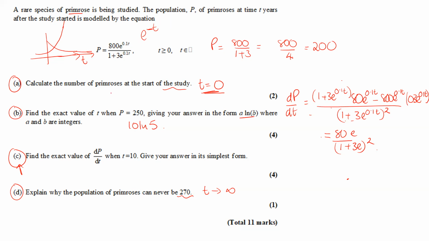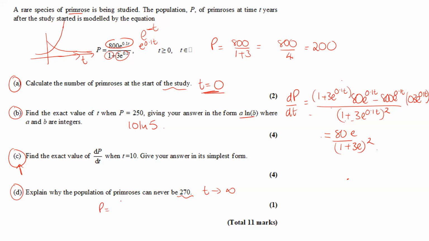So what we do here is divide all terms, the top and both terms on the bottom, by e to the 0.1t. Once you do the same to every term throughout, the whole thing remains equal.